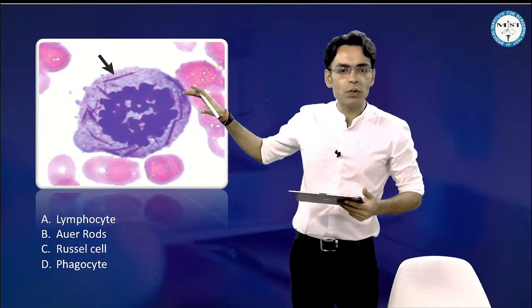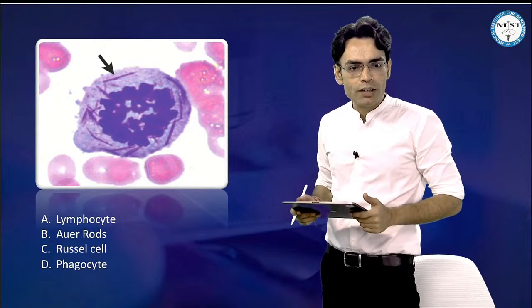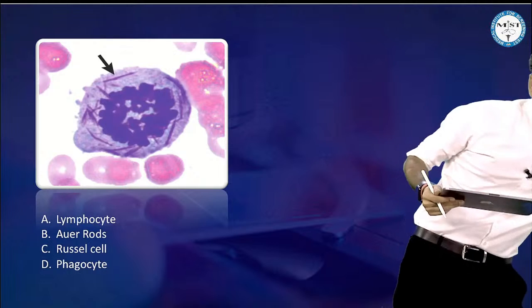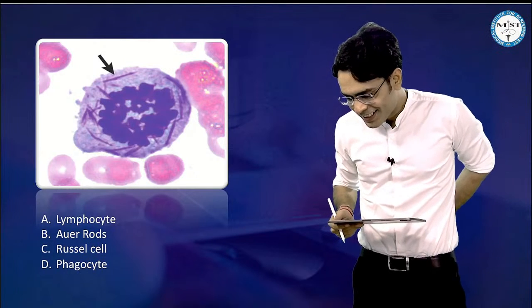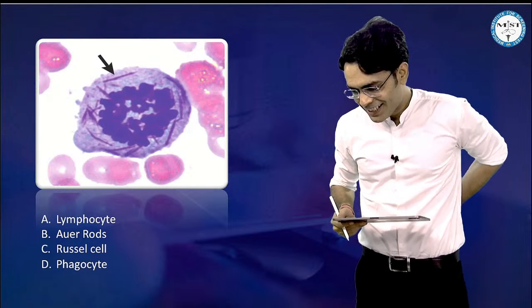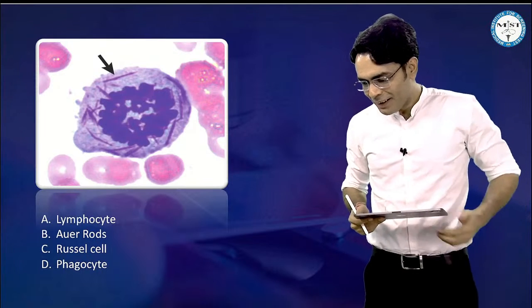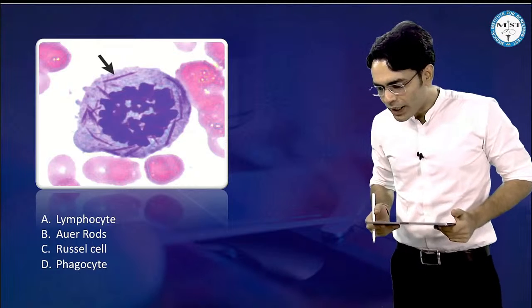What is this cell you think? Is it a lymphocyte, Auer rod, Russell cell, or a phagocyte? Tell me. Shweta, that's good to hear. Okay.